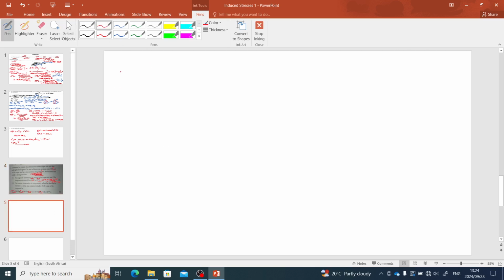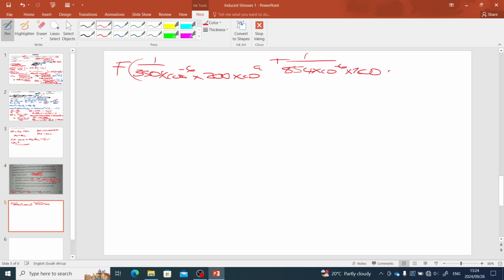Okay. The fact that it is connected in parallel, this is what we have. It will be 1 over, what is our area? We are having 350 multiplied by 10 to the power negative 6 multiplied by the Young modulus of steel times 10 to the power 9, plus 1 over 854 times 10 to the power negative 6 multiplied by the Young modulus of copper times 10 to the power 9, equals the change in temperature.